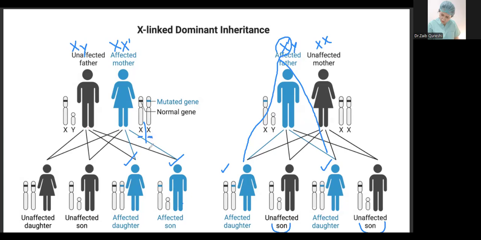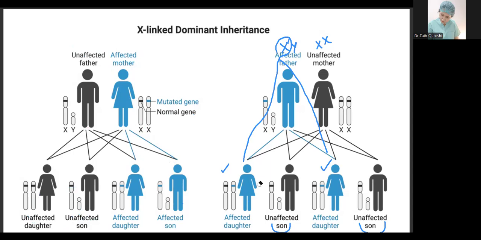Whenever she transfers the mutated gene into the babies, either a girl or a boy, they will show the disease, and they will not show the disease if she transfers the normal gene. So this is all about X-linked dominant inheritance, and we have gotten information from the pedigree chart as well. This is all about X-linked dominant.